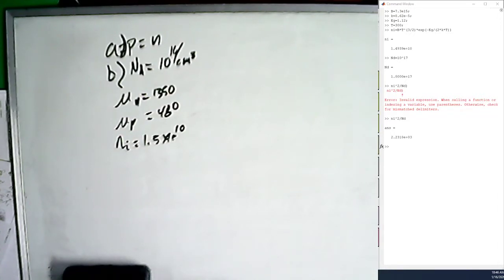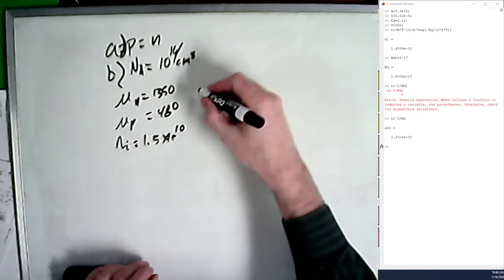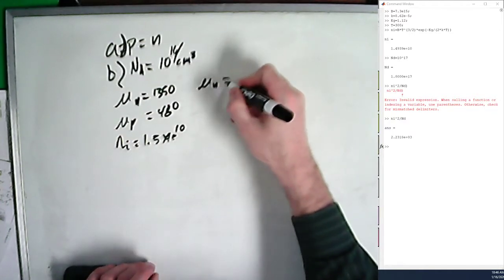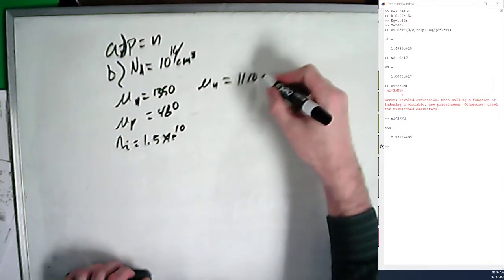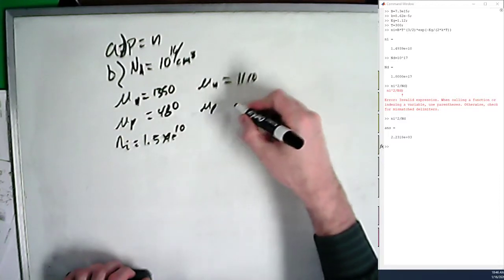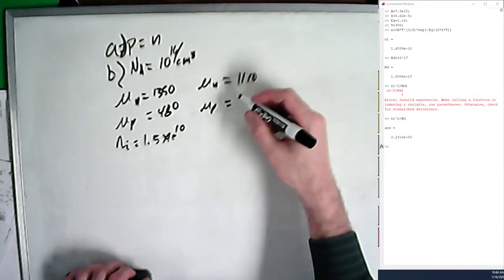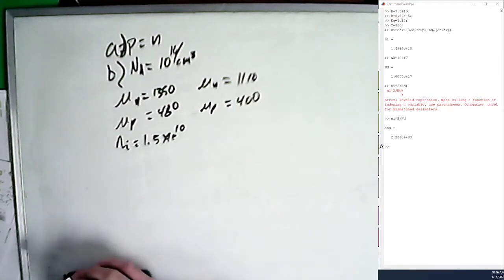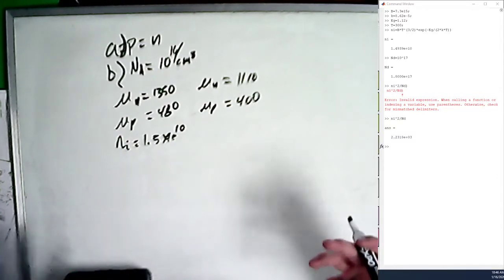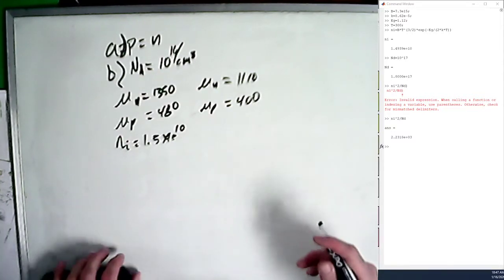They gave us different values for the doped silicon. For the doped silicon, they said mu_n was equal to 1110 and mu_p was equal to 400. That's kind of surprising to me because that should be a constant. They just want to know the resistivity, so we don't need to know the physical size.